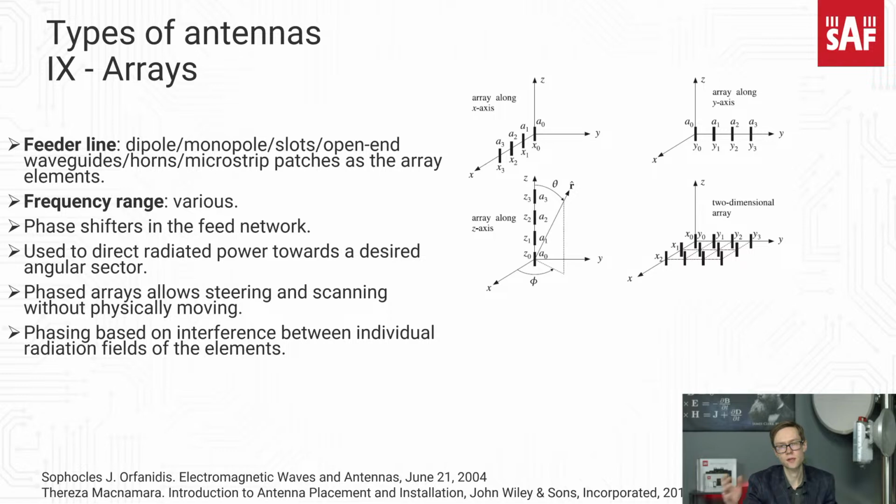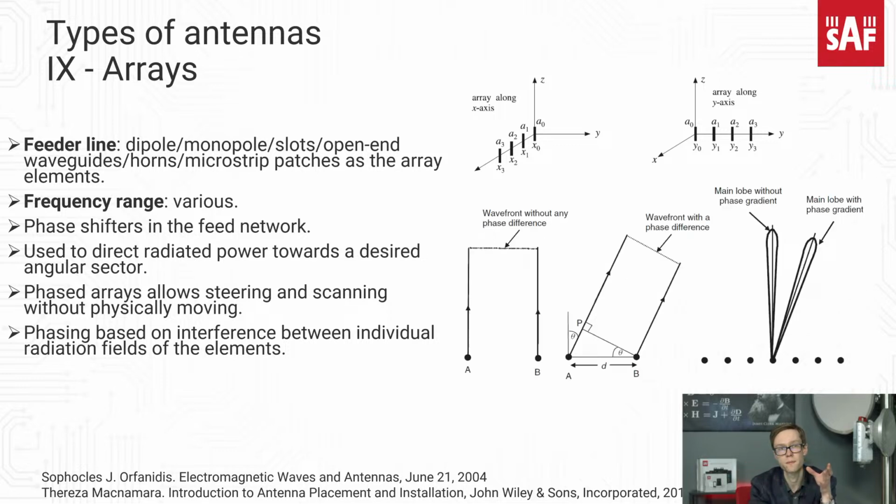And how does it work from the physical point of view? This is based on the interference between individual radiation fields of the elements. So we have multiple elements, each has its own radiation field, right?